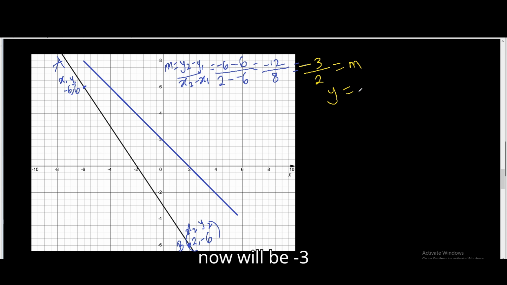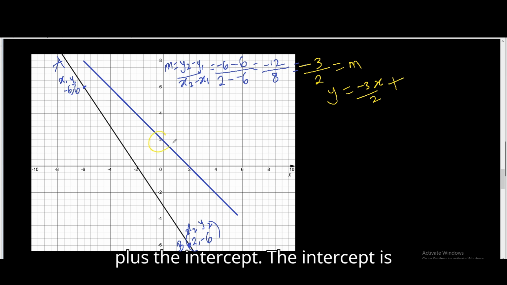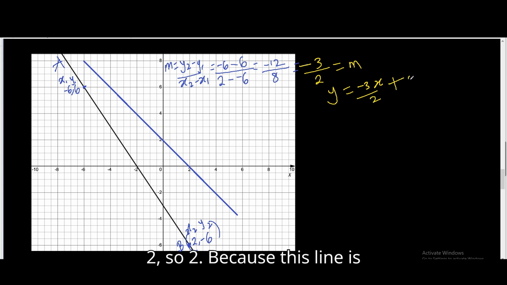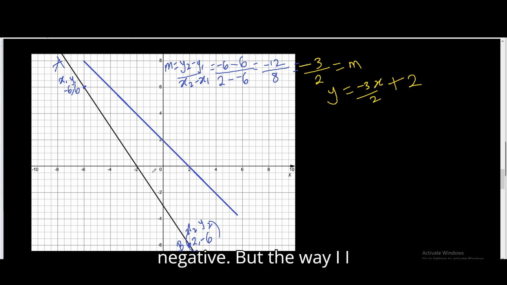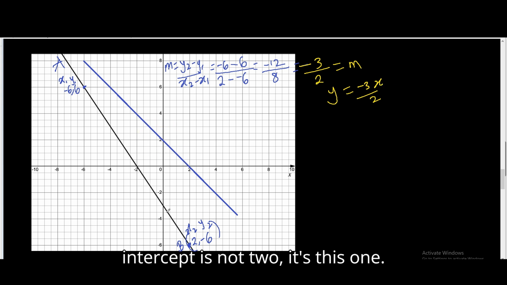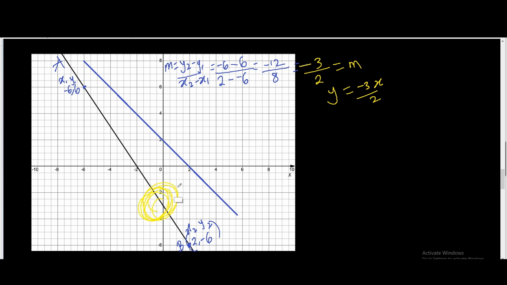The equation now will be minus 3x over 2 plus the intercept. The intercept is 2, so plus 2. Because this line is above the origin, the intercept is... But wait, I mixed this one up, so the intercept is not 2, it's this one that I'm finding.